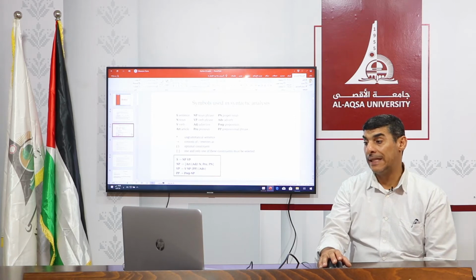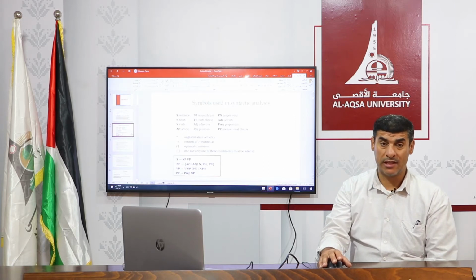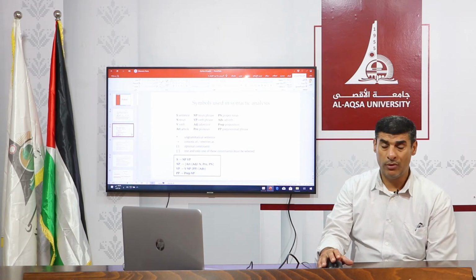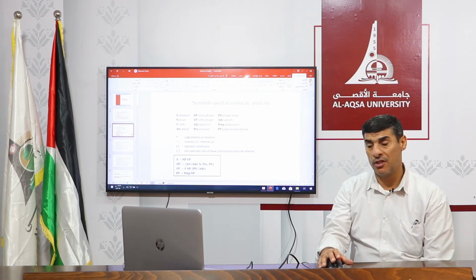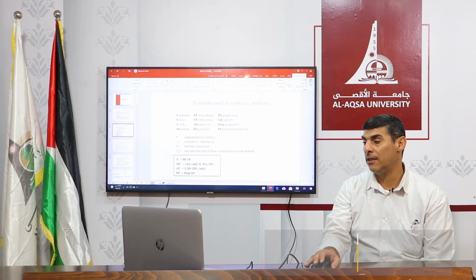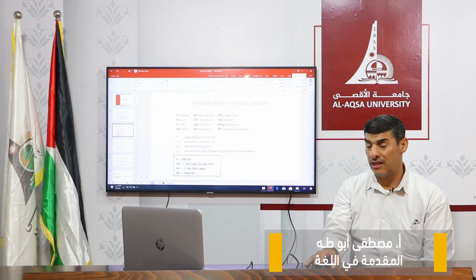Symbols used in syntactic analysis are very important. I just explained something on the board about the symbols that we need to understand the analysis of a sentence. S stands for sentence, NP for noun phrase, and PN for proper noun. Don't forget this, proper noun, in Arabic ism al-alam.